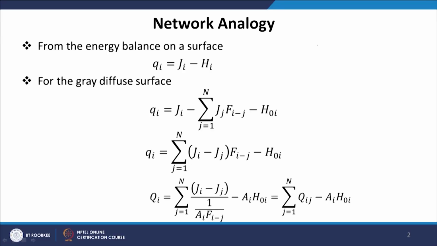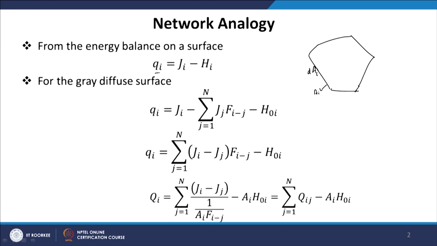So, the discussion of this method starts from the same equations that we discussed in the previous lecture on grey surfaces. So, we write an energy balance on a surface. We have an enclosure, and on a surface element we can write the energy balance.